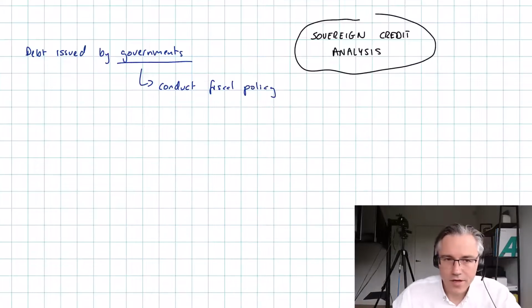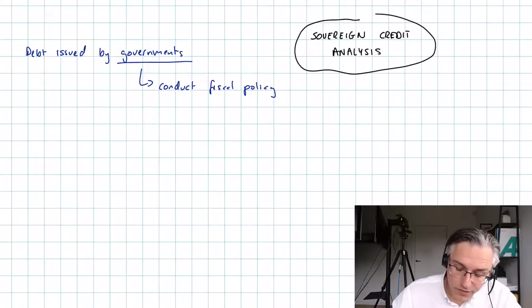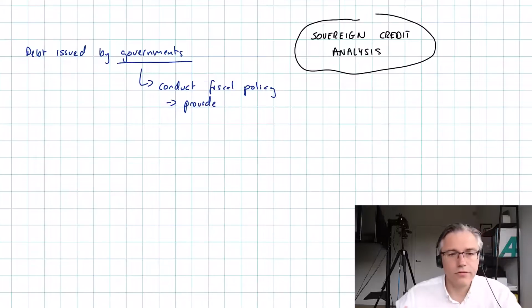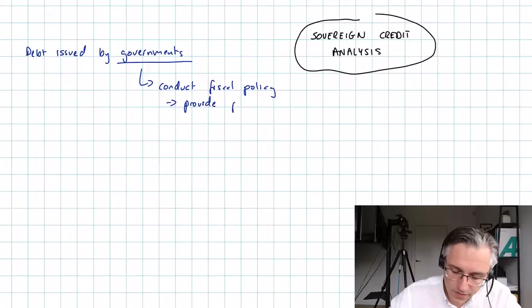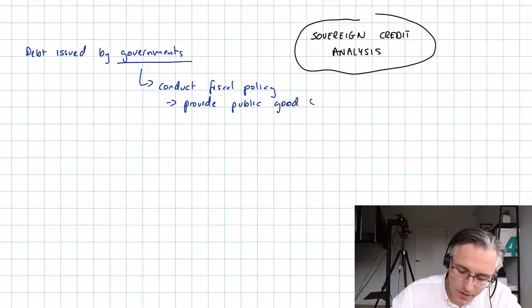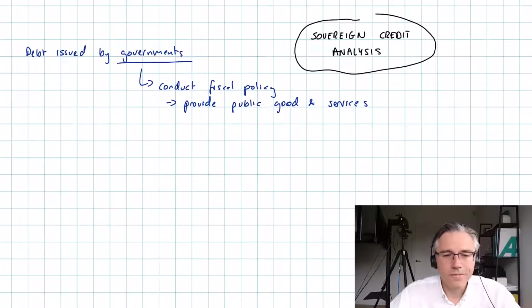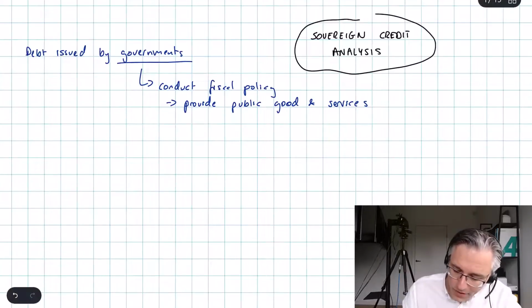They basically provide access to various public goods and services for the citizens, and those could be things like infrastructure, roads, healthcare, education services, and that's what the money is mainly spent on.